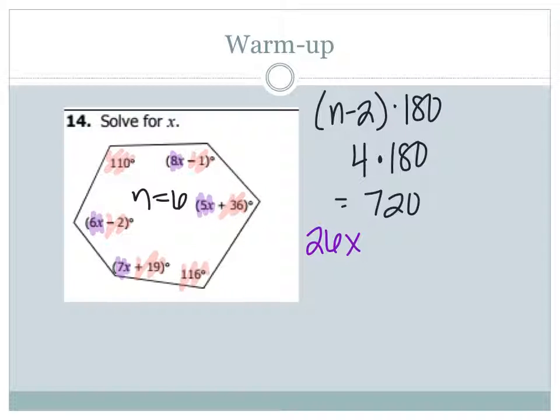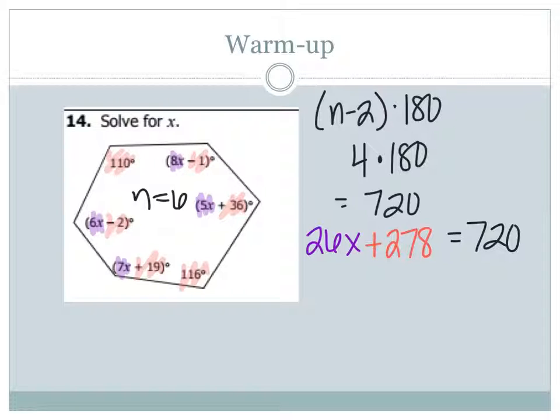Minus 1 plus 36 plus 116 plus 19 minus 2 is 278. And I know that that has to equal 720. I added all the red numbers together. Well, they look kind of pink, and it's kind of hard to tell, let's be honest.